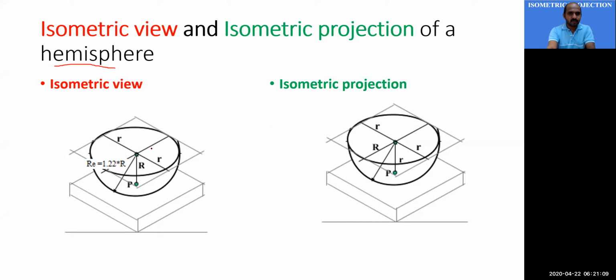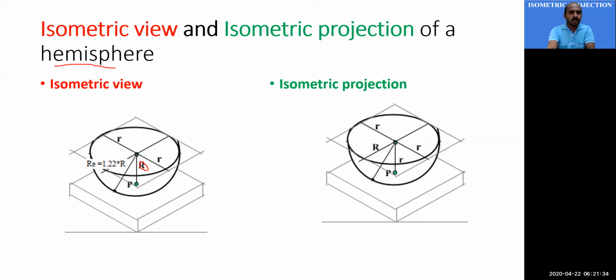Once you complete the isometric view of the square prism, you locate the point P. From there, you mark R. What does R represent? The original radius, since it is an isometric view.